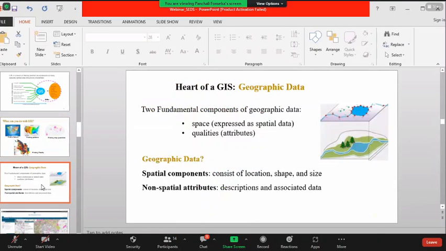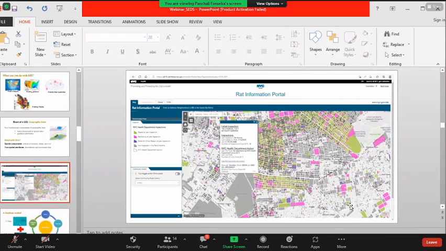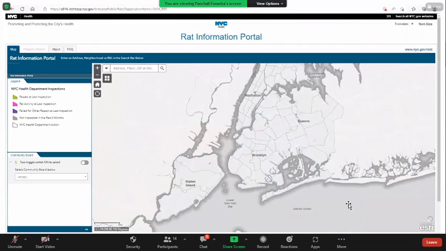So as I said, the heart of GIS is geographical data, and we have two components, spatial and non-spatial. If we have a better collection of both spatial and non-spatial data, we can have a very good application. For example, this is a RAT portal. This is the overview of the RAT information portal, and we can zoom in until we reach our location.